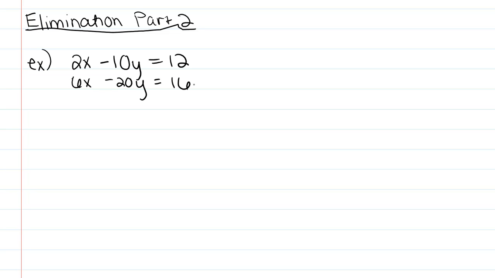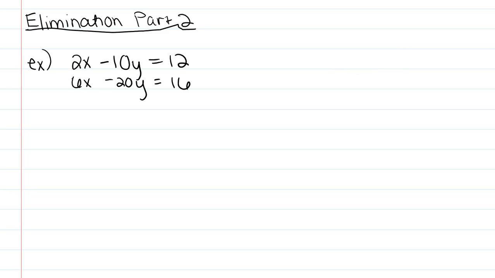In our previous elimination problems, some of the coefficients were already the same. For example, you might see a problem with 6x plus y equals 10 and 6x minus 7y equals 10 this time. That 6x and 6x hinted at us on what to do. But in this equation, we don't have that.